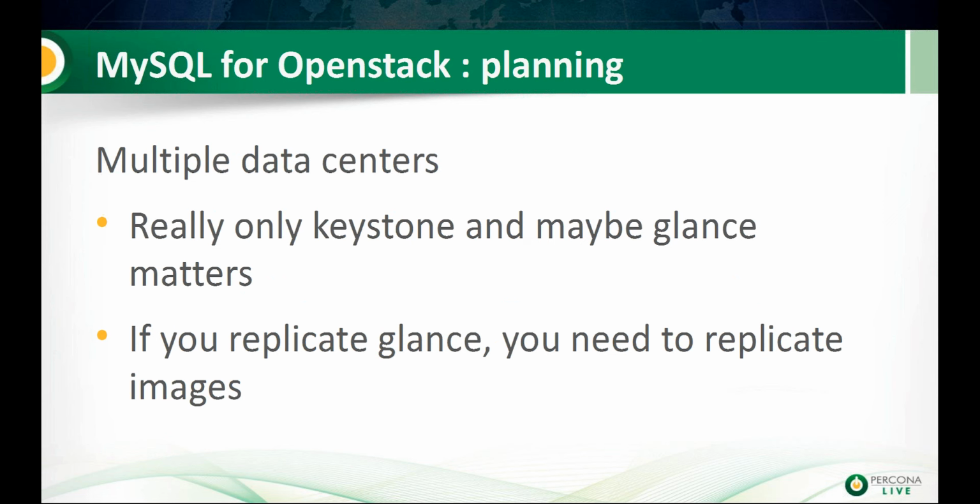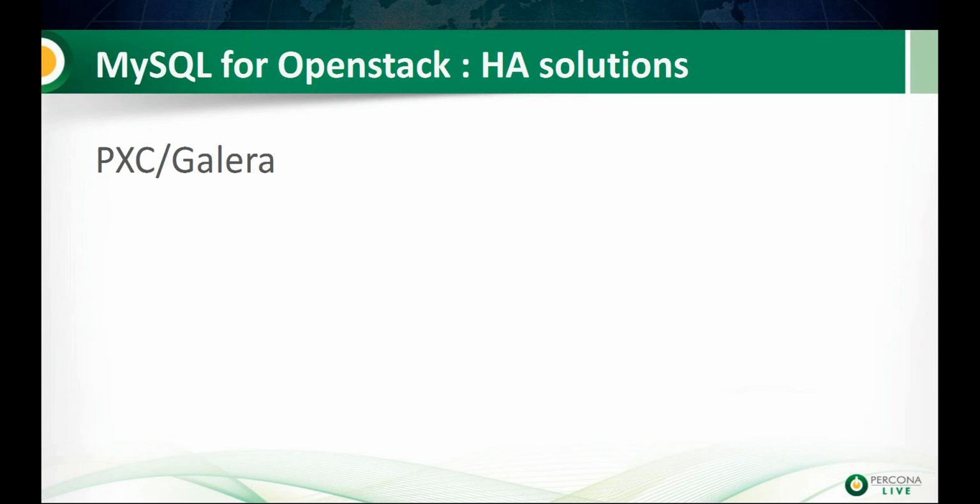So now that we've done some planning, I'll just review the HA solutions that are available for the MySQL service as part of OpenStack. First, XtraDB Cluster, or any Galera-based solution like MariaDB, is currently, I think, the preferred solution if you want HA for MySQL. It works well.